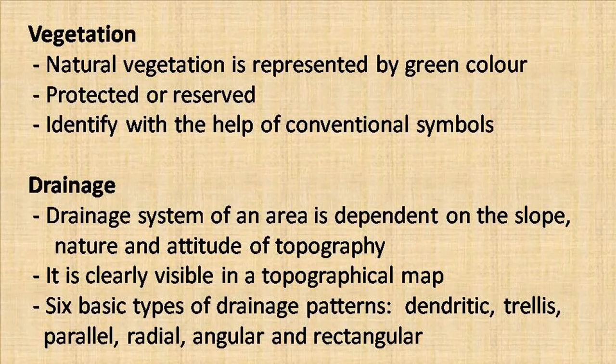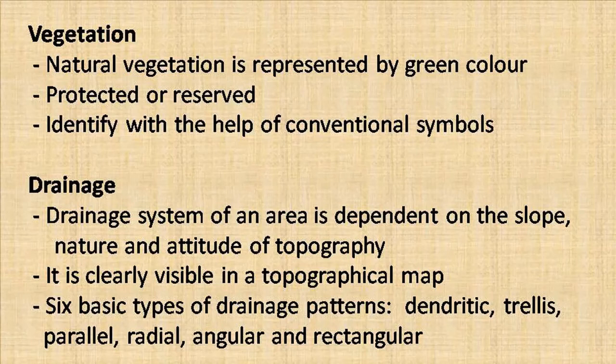Vegetation in a topographical map can be represented by the green color, and vegetation may be protected or reserved. With the help of conventional signs and colors, we can identify different types of vegetation in a topographical map. The drainage system of an area is dependent on the slope, nature, and attitude of a topography.